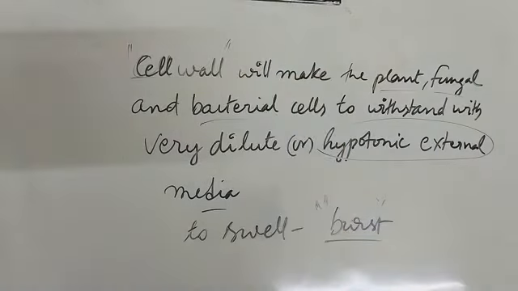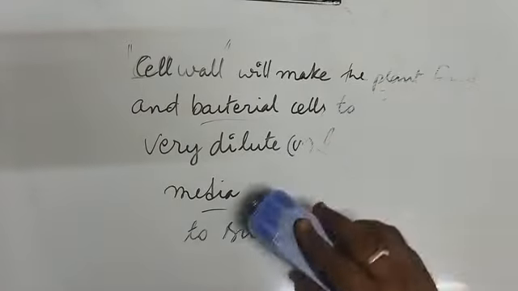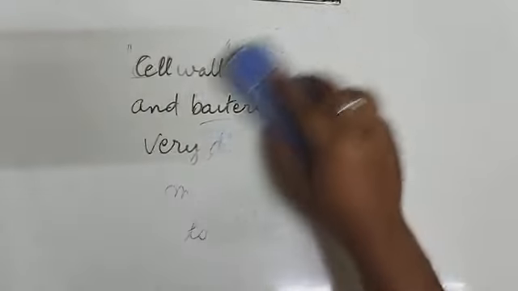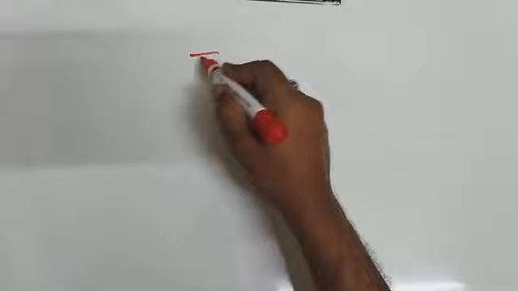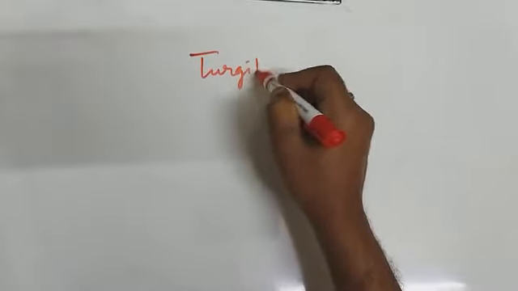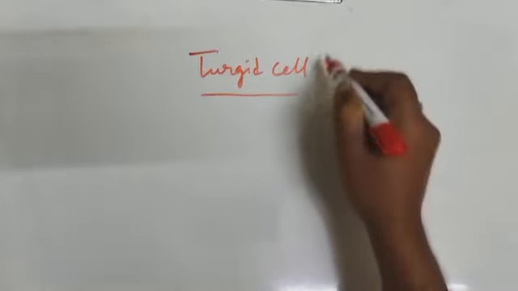How? When the cell is fully swollen, it is called a turgid cell. Turgid cell, a fully swollen cell.